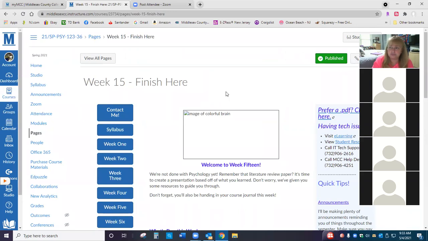We can do it on PowerPoint and load it to Canvas? Yes, as long as you can speak over it. The whole point is that you are giving a presentation. So if you know how to use PowerPoint and be able to record yourself speaking over it, that's fine.